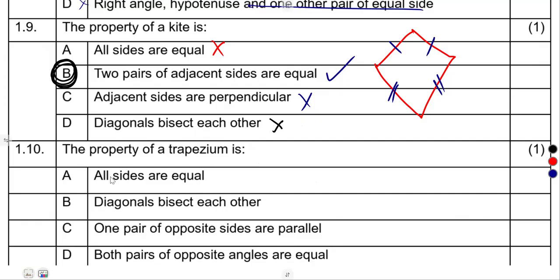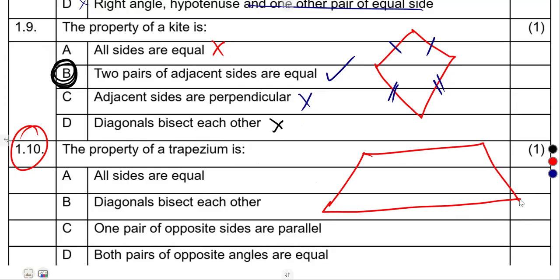All right, 1.10. We are given the property of a trapezium is what? A trapezium, remember, that one that has only one pair of parallel sides. All sides are equal. No, that is wrong. Diagonals bisect each other, these ones on a trapezium, that cannot happen. One pair of opposite sides are parallel.